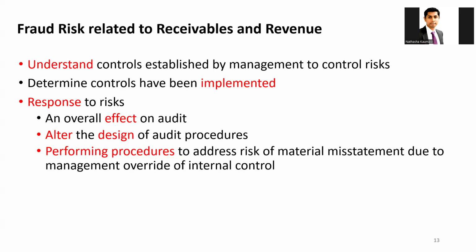Sometimes they have good controls, and when you check them, the operating effectiveness is there, very good. So in that case, there's a low risk of fraud. Fraud risk would be lower, but that doesn't mean there are zero frauds. I'm saying fraud risk is lower. So you can form that judgment when you try to understand the controls. That is why controls are very important here.